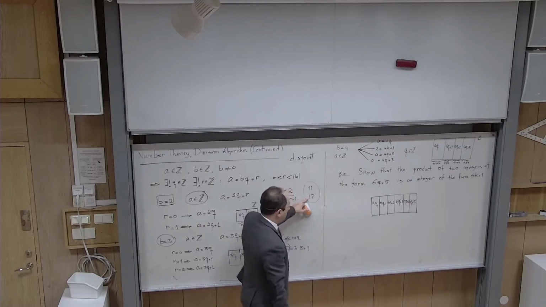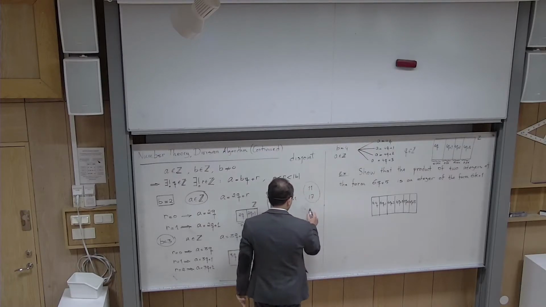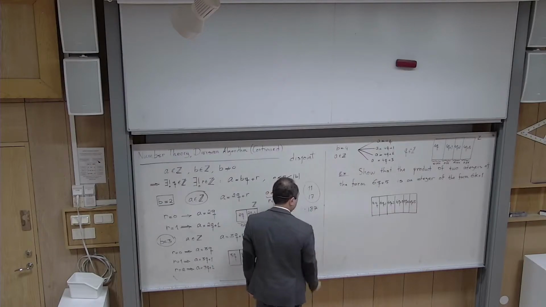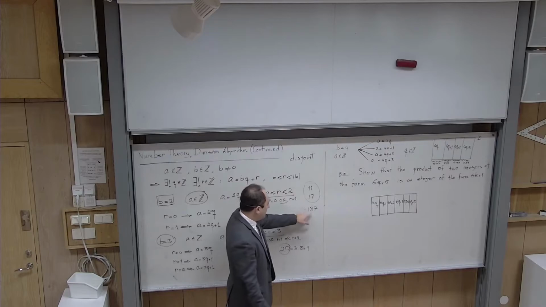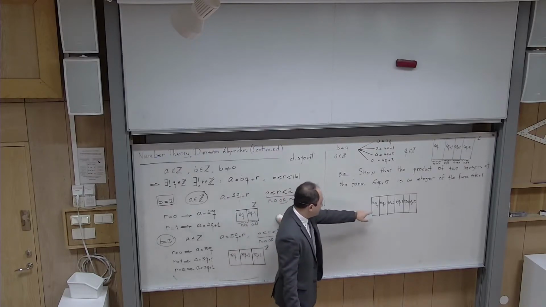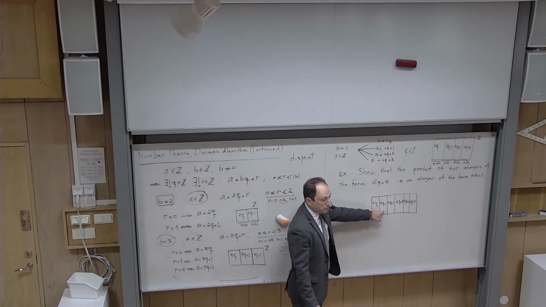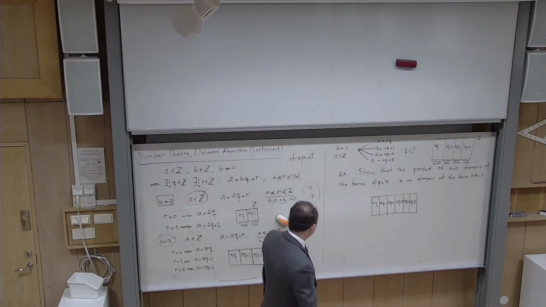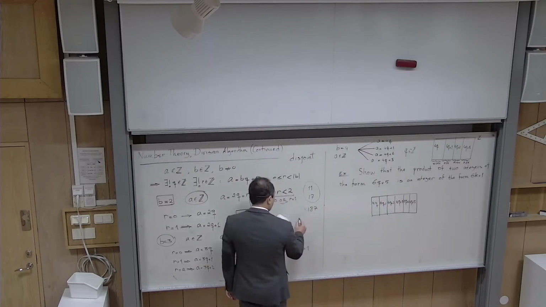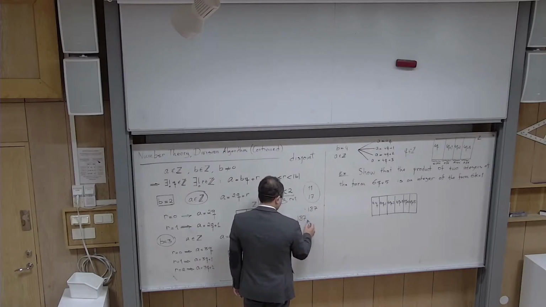Is that clear? Okay, now let us multiply them. If you multiply them, it becomes 187. Yes? But this claims that 187 belongs to this part, because it is 6k plus 1, where k is an integer. So let us check. If I divide this by 6, so how many times? 31.